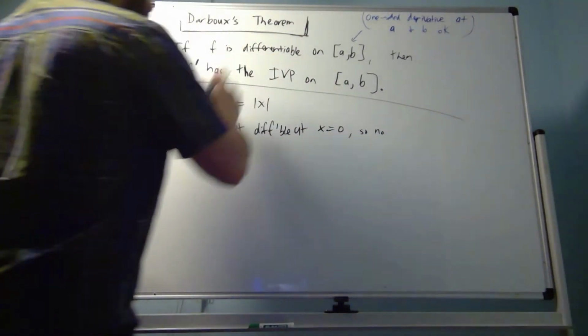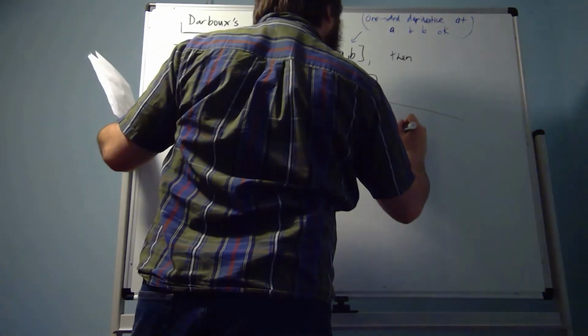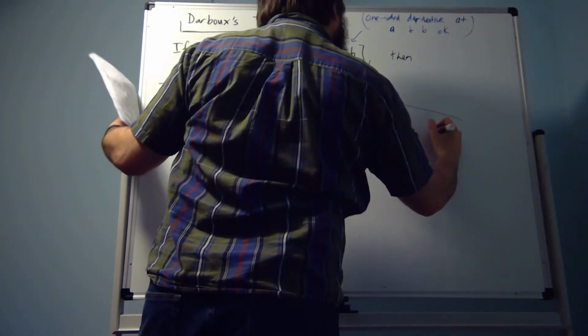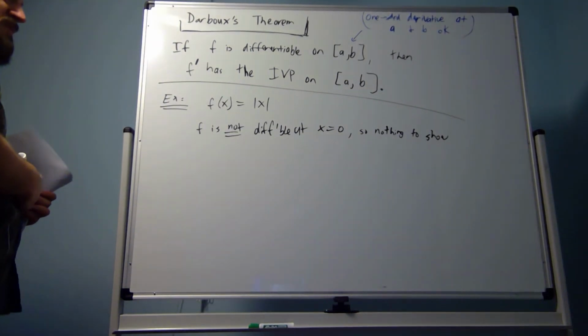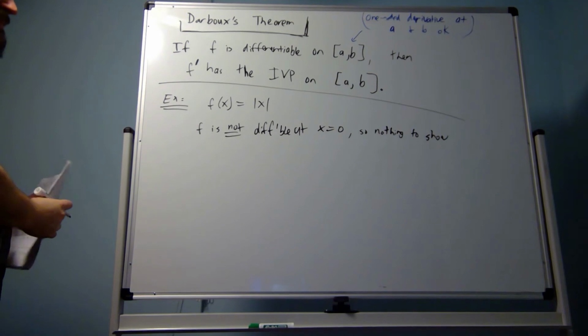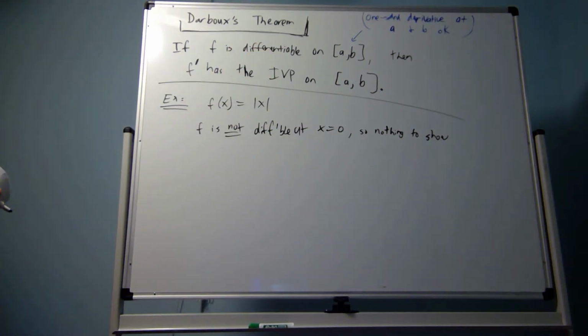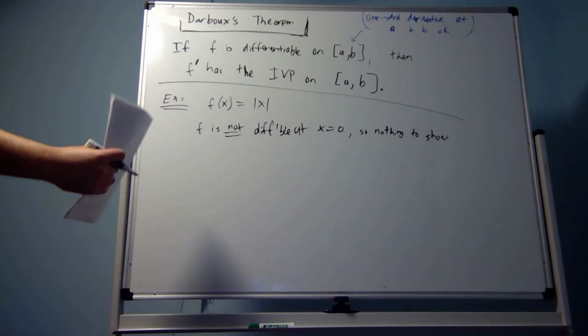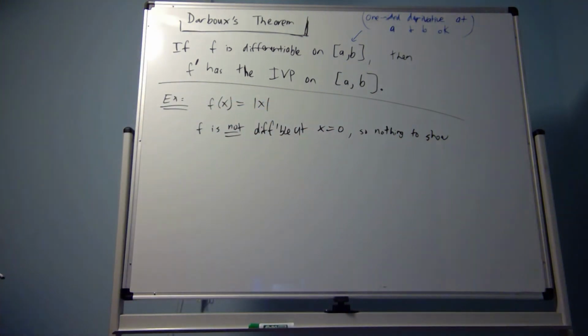So I just want to verify that the theorem is true. The conclusion that we want to show is that the intermediate value property is satisfied. Well, this one, no, the intermediate value property is not satisfied, but that's okay because the function itself fails to be differentiable. If you let a equal 0, then the right half is totally fine.